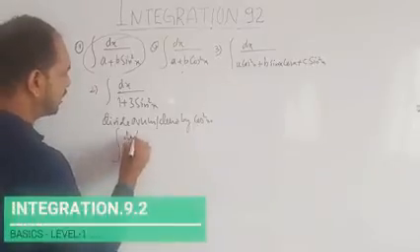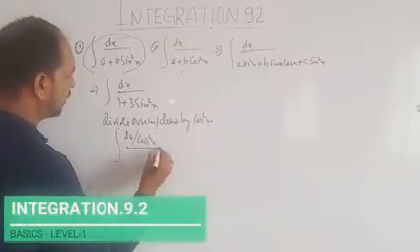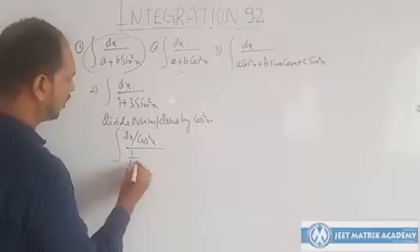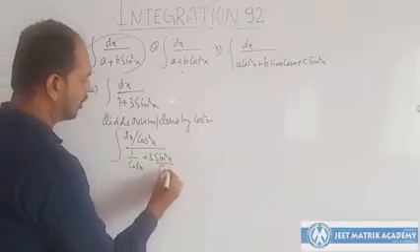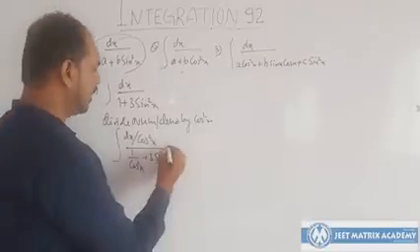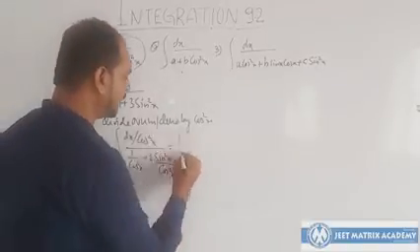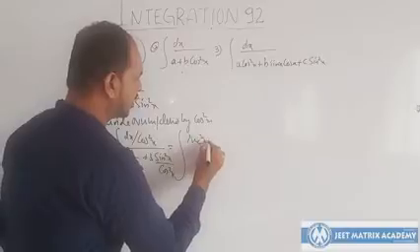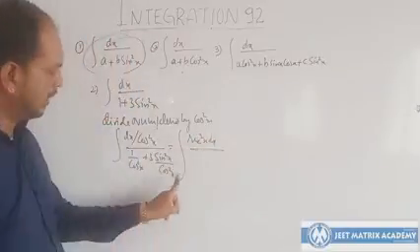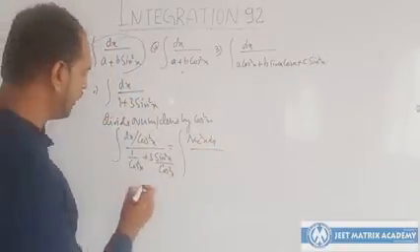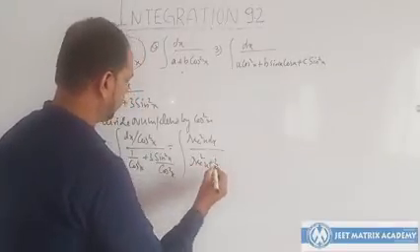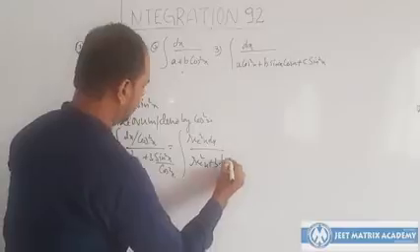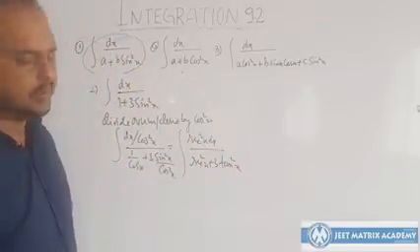Integration of dx by cos square x, 1 by cos square x plus 3 sin square x by cos square x. You are familiar with this. 1 by cos square x is sec square x dx. Keep on writing this integration sign, very important. Again sec square x plus 3 tan square x. Am I right?